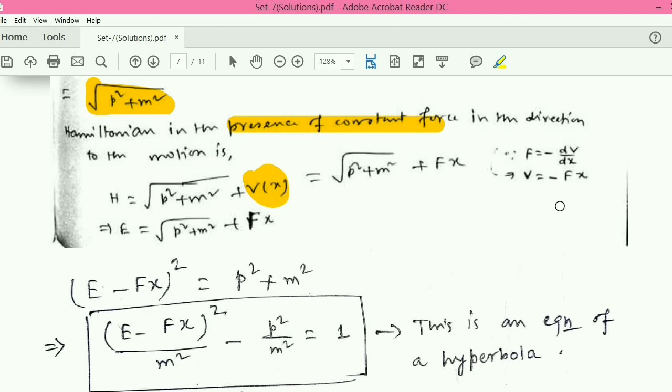Fine. So we are considering only the magnitude, so plus Fx. Therefore E minus Fx, or if you take a plus value here, minus value, then also you will get the same equation. So (E plus Fx) square by m square minus p square by m square equal to 1.